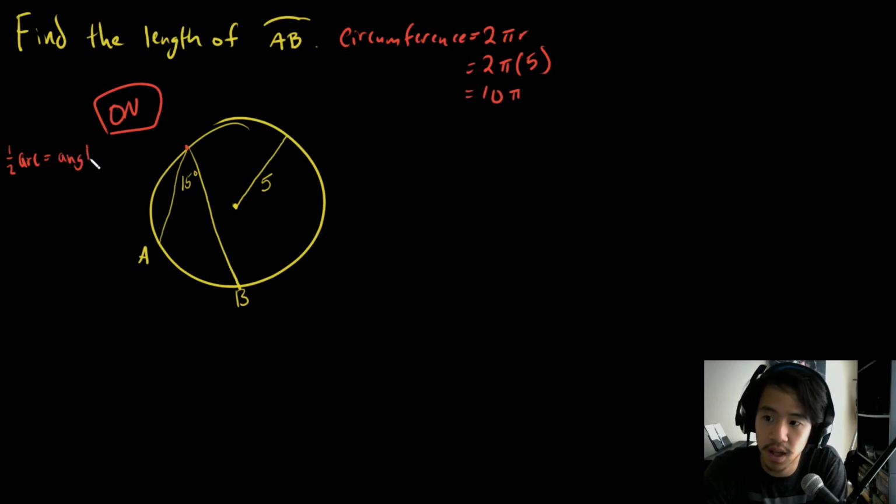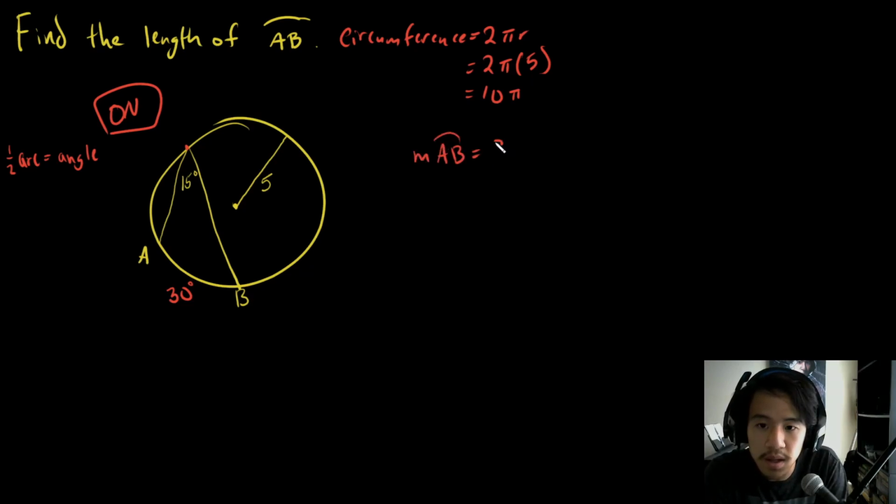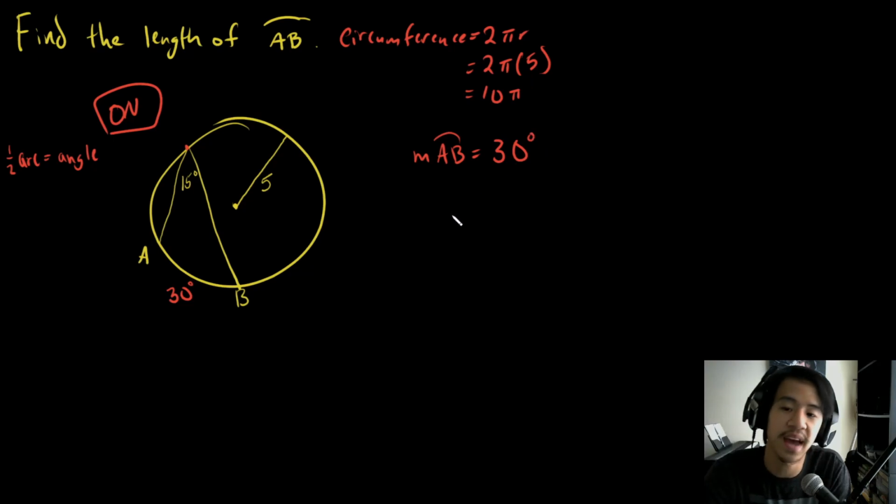This is how we learned it in class. So the arc is going to be 30. It's going to be double this inscribed angle. So we know that the measure of AB is 30. And now we have to find the arc length.